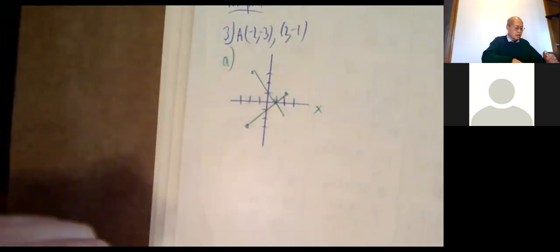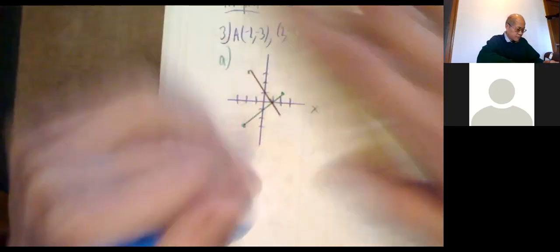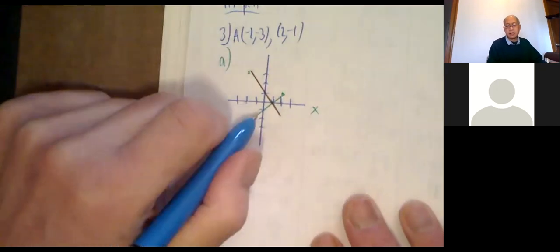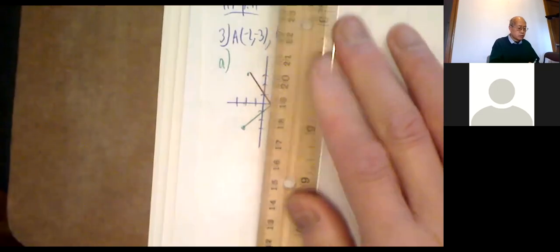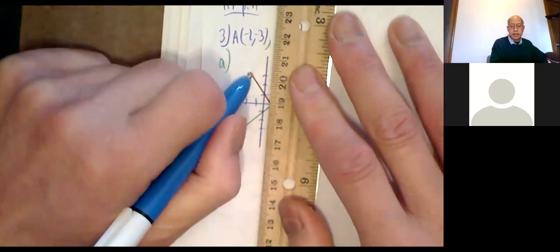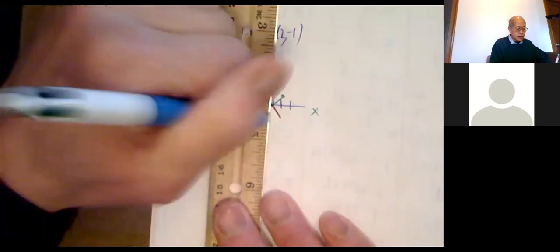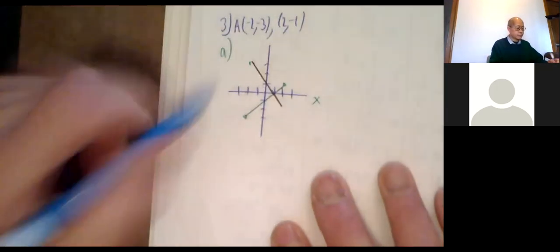Maybe I should have put different colors. Yeah, so the answer is the one that is sort of in red. And if you can't see the whole thing because it passes by, just split it into two pieces, right? So I had this bottom part, so the reflection would be like that. And then I had that top part, the reflection would be like so. Okay, so that's A.